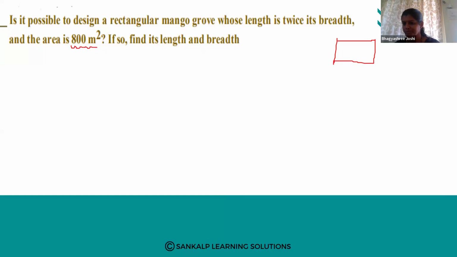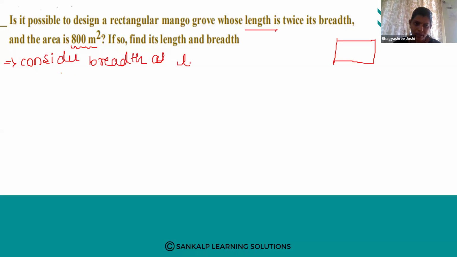Okay. So first, consider length is twice its breadth. That means consider breadth as x, right? Or you can consider breadth as L. Consider breadth as L. Okay. Now, length is twice its breadth.